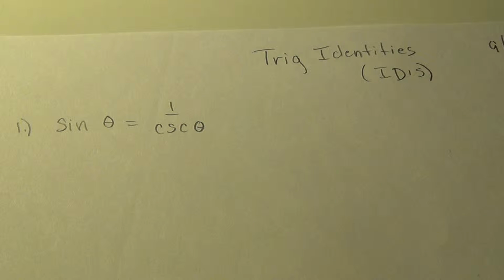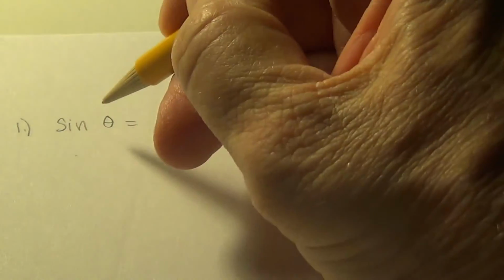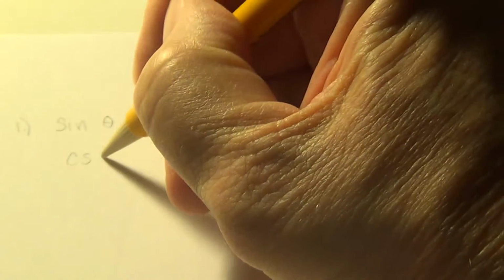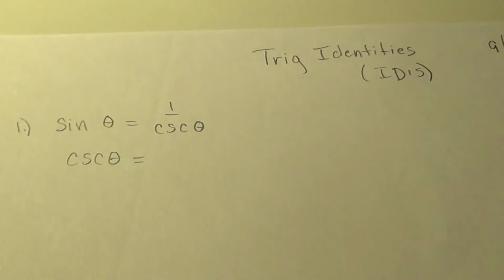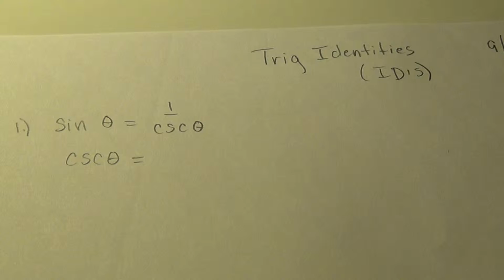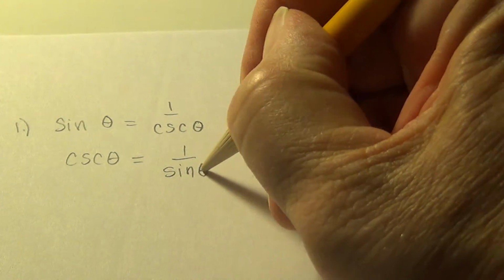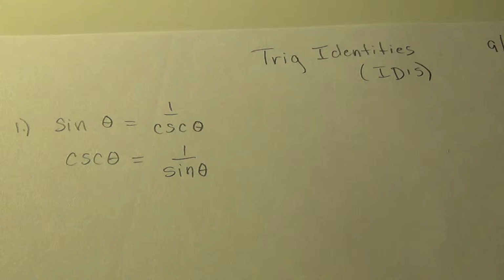If these are reciprocals, what would cosecant equal in terms of sine? 1 over sine of theta.